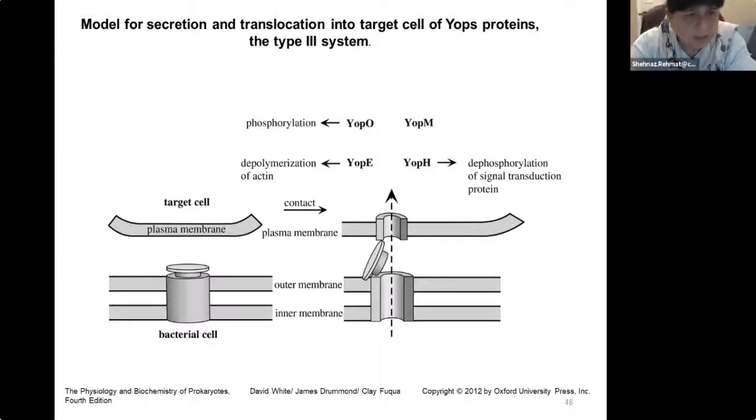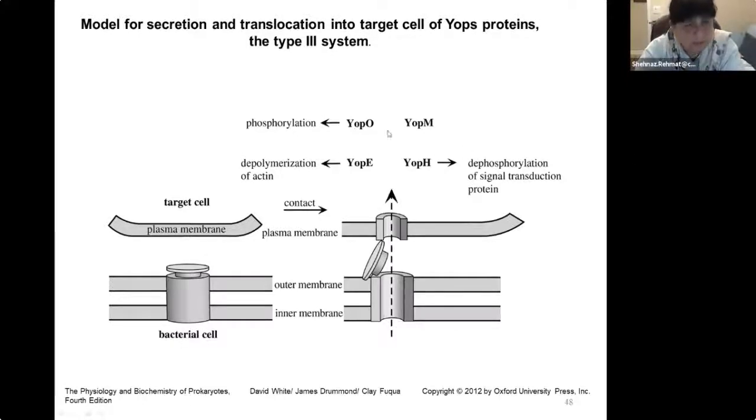opened up, and a channel is made through the plasma membrane of the host cell by the B and D YOP proteins. The proteins that are delivered into the host cells have been labeled as YOP E, H, M, and O. These are different proteins that have different functions. YOP E has the function to depolymerize the actin in the host cell. YOP H has dephosphorylation action on the signal transduction proteins, and YOP O is the phosphorylation.